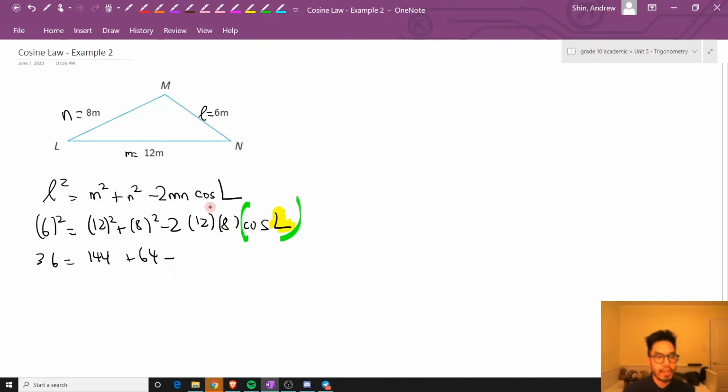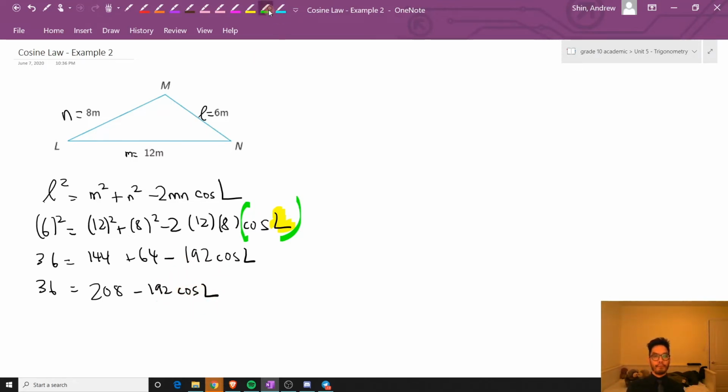And 2 times 12 times 8 is 24 times 8, which is going to be 192. We can add these together: 144 plus 64 is going to be 208, minus 192 cosine L. And again, we need to isolate for this section first.